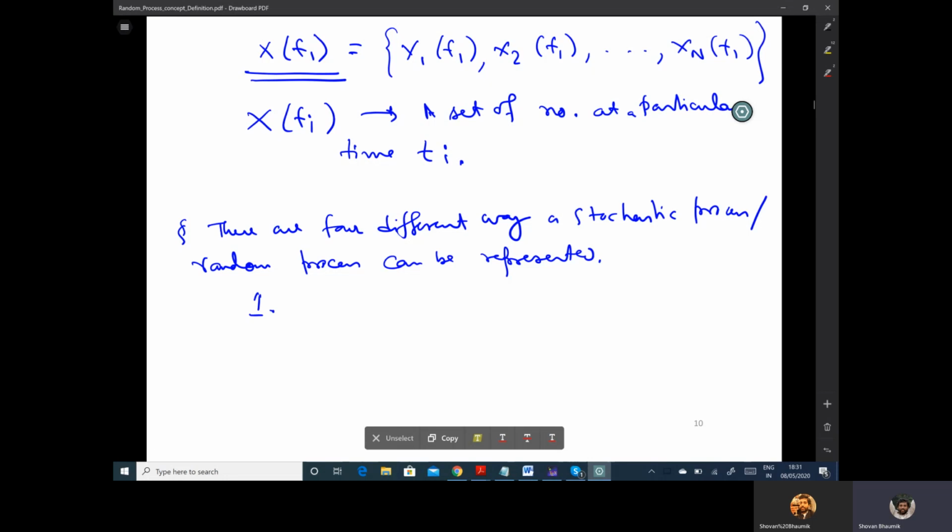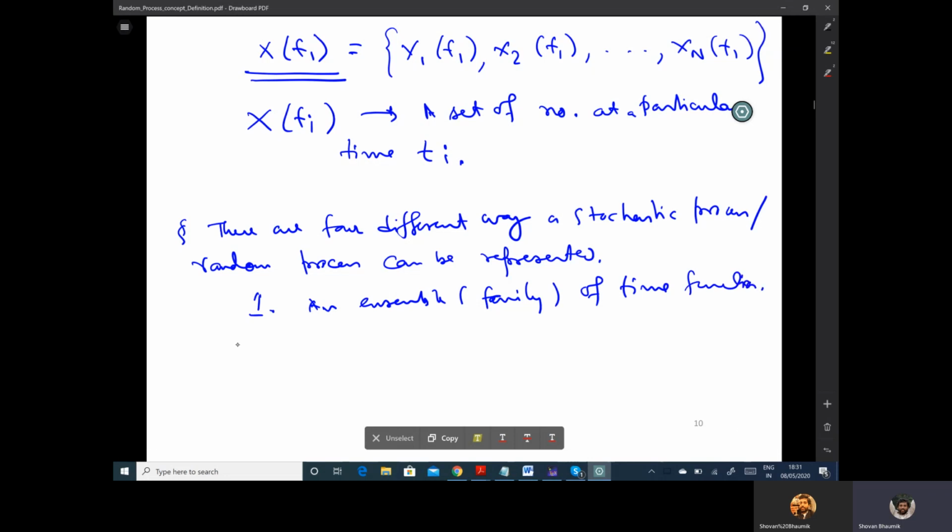First is a full ensemble, an ensemble or family of time functions.